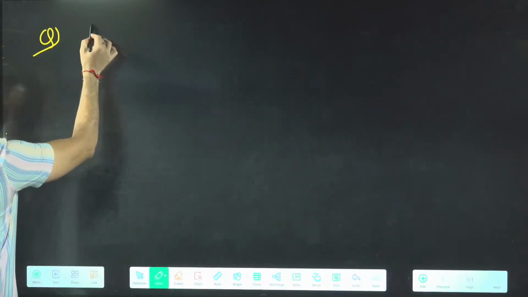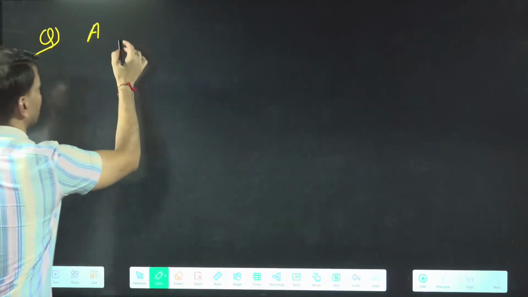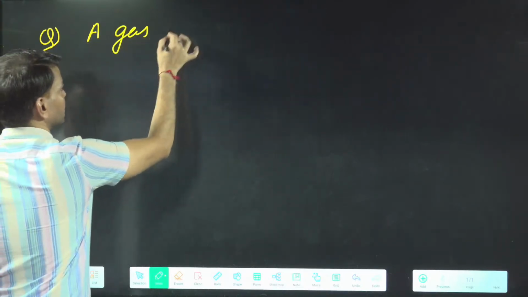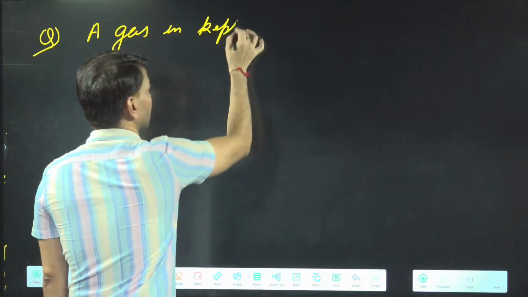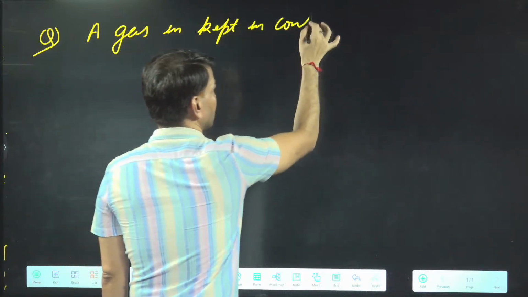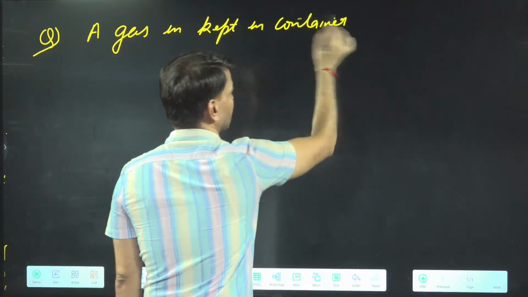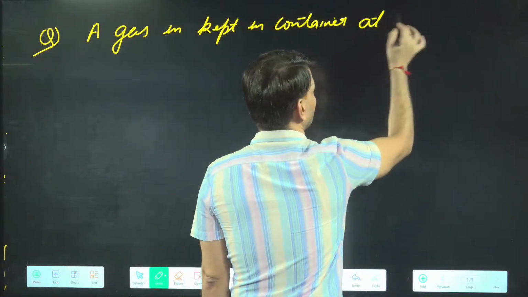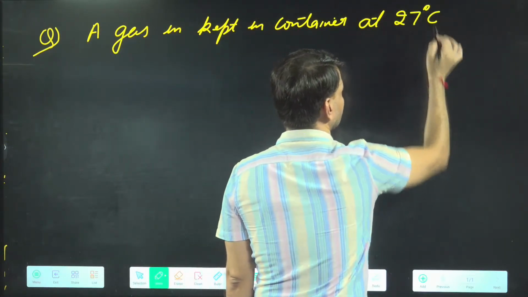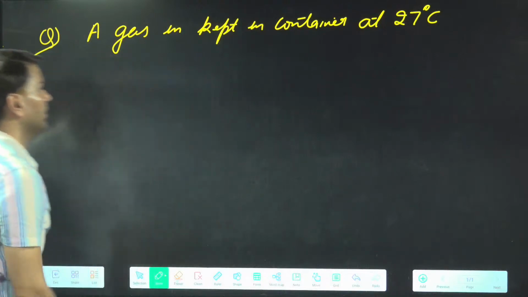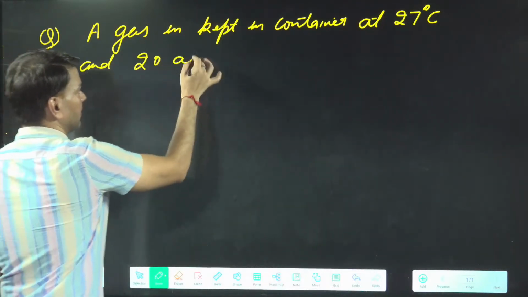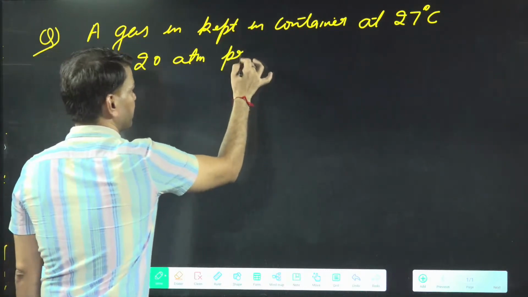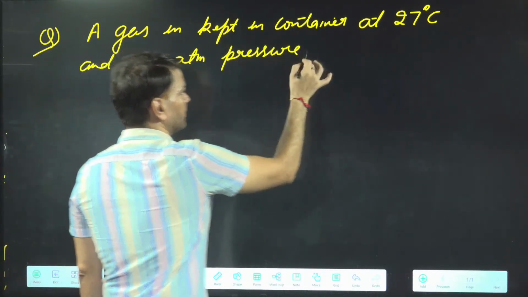So suppose a gas is kept in a container at 27 degrees C and 20 atmospheric pressure.